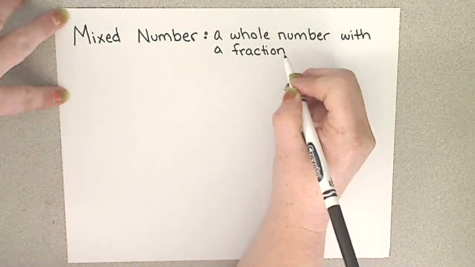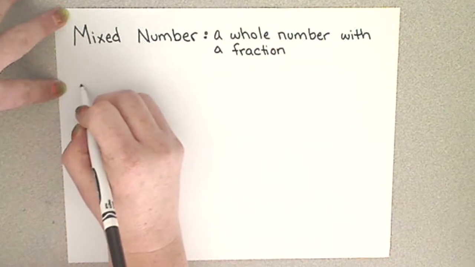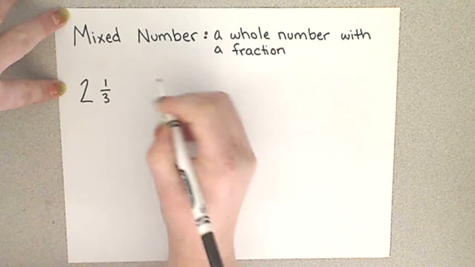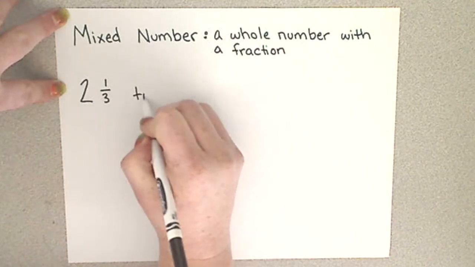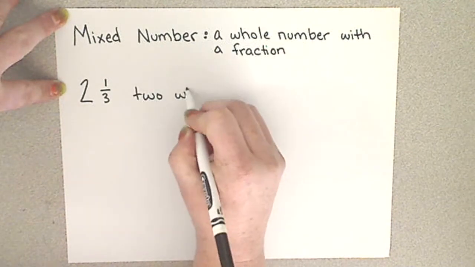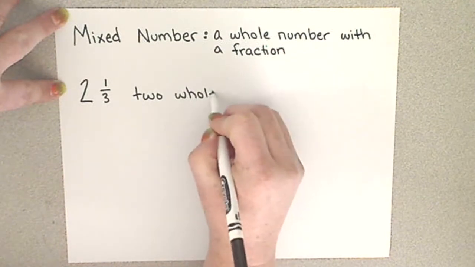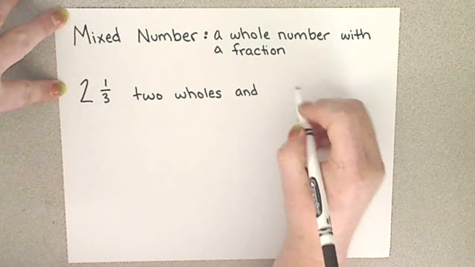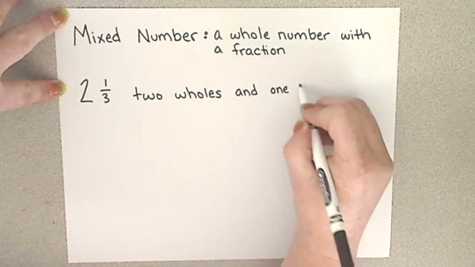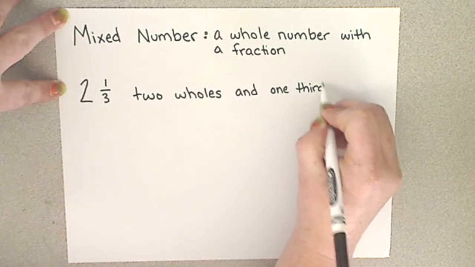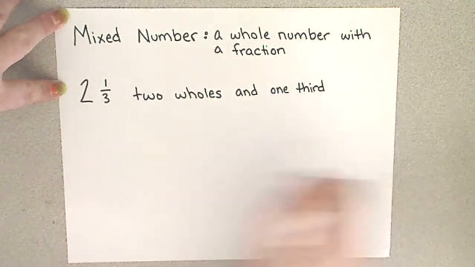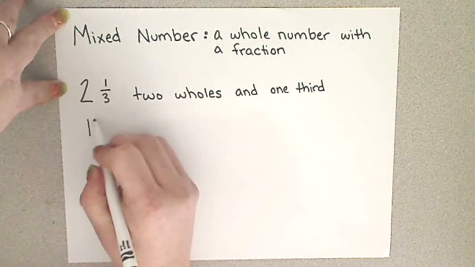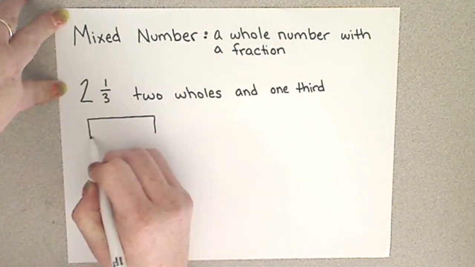For example, you might see 2 1/3, which means that there are 2 wholes and 1/3 put together. What this would look like, we're going to start by drawing our model.